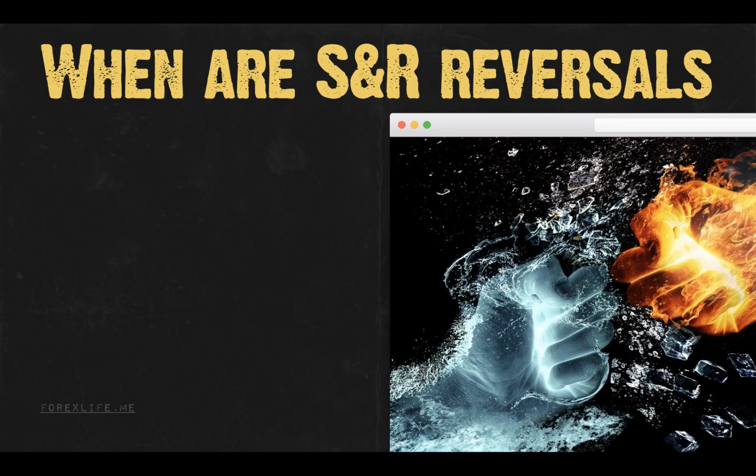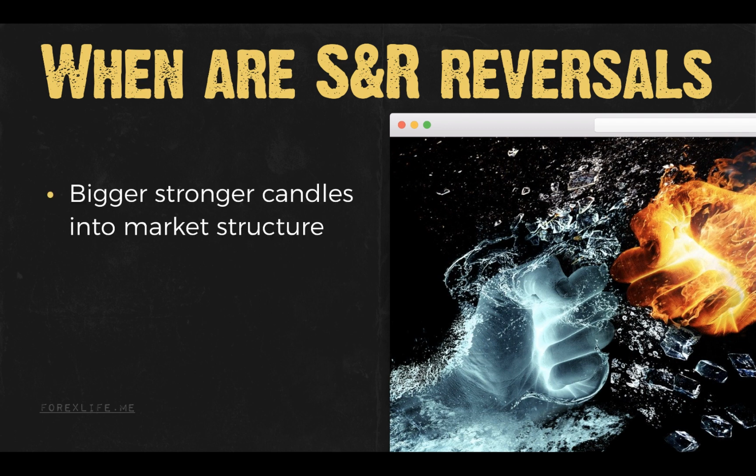Now we have to understand when support and resistance are reversals, when we consider them a reversal point, and when we can consider them a breakout point, because we can have both options. First, let's see when they are considered reversals. Normally you have bigger and stronger candles going right into market structure or support and resistance.